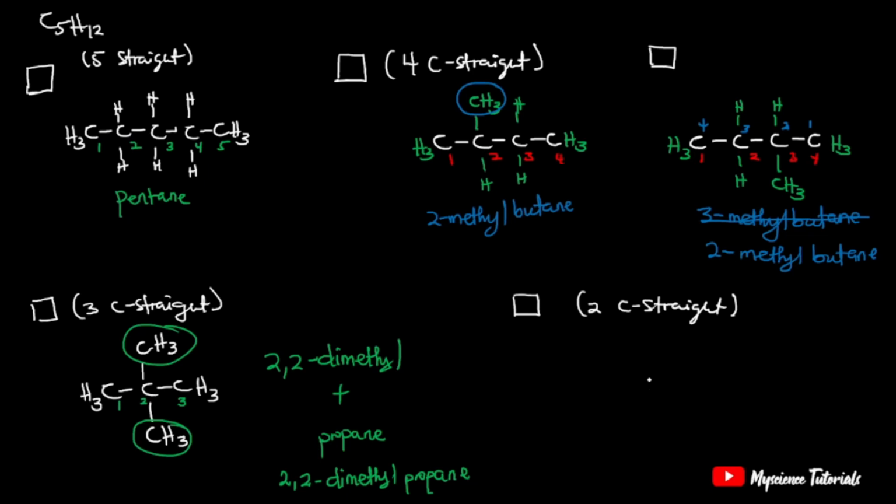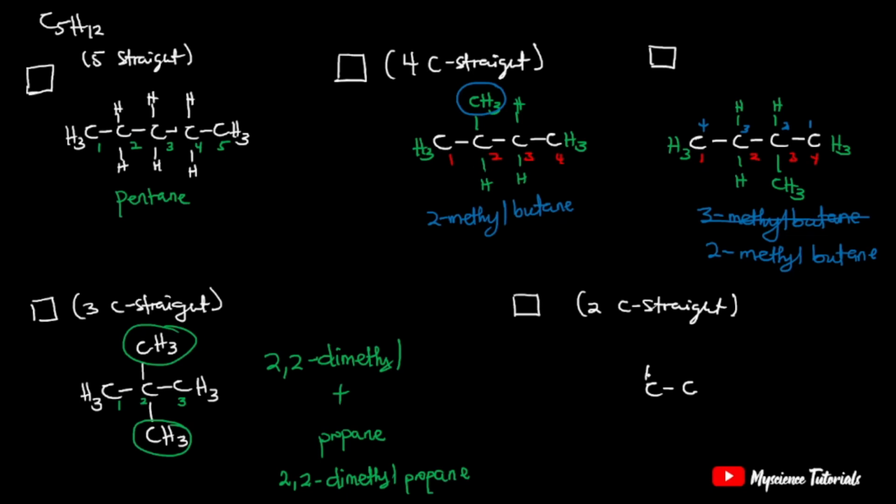So let me write, I shorten the chain again to 2, so I have 1, 2. But there are 5 carbon atoms over here. So if I have 2 as my longest chain, you can see that in the end I'm forced to add the extra carbons that I have to one of these terminal carbons, which means I'll end up getting one of these existing products that I already have.